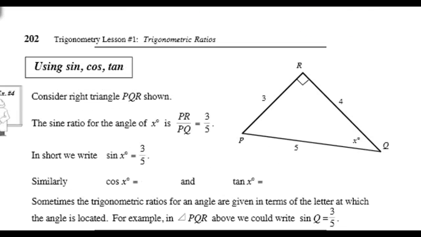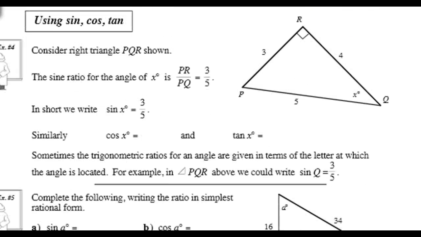All right, let's move on to example number 4. We have this triangle PQR, and we're looking at angle X. The sine for that angle would be opposite over hypotenuse, so 3 over 5. Sometimes you'll see PR represents the opposite and PQ represents the hypotenuse, so we just write 3 over 5.